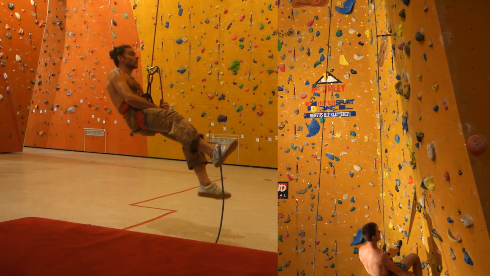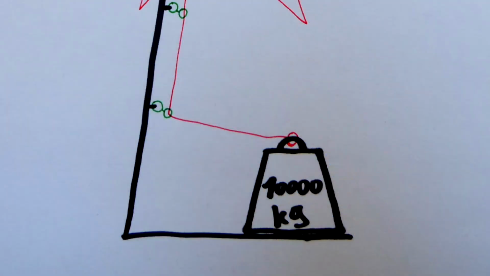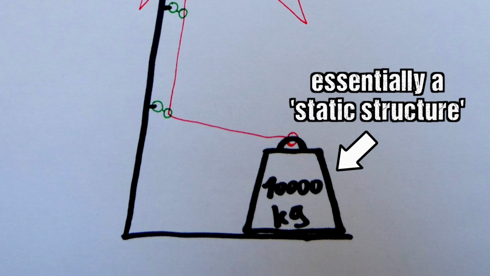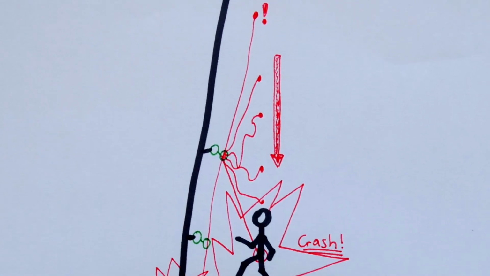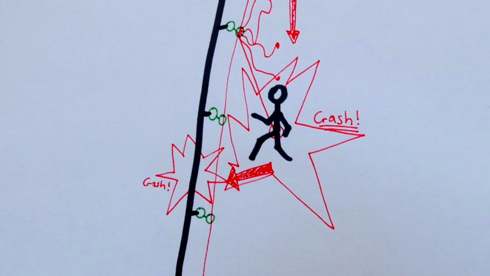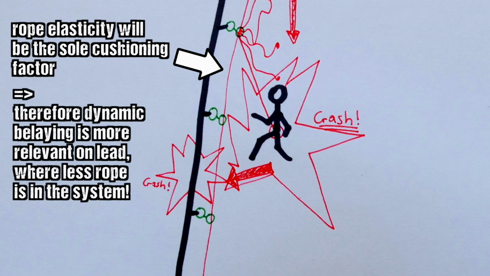A little thinking experiment to understand that. Let's assume we fix the belaying end of our rope to some static structure while our friend is climbing up there. If he falls, he will get a static catch, and the only cushioning factor on his impact into the harness will be the elasticity of the rope. It's gonna be a very unpleasant fall.